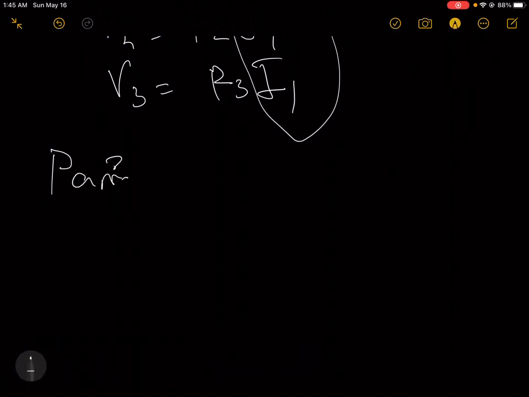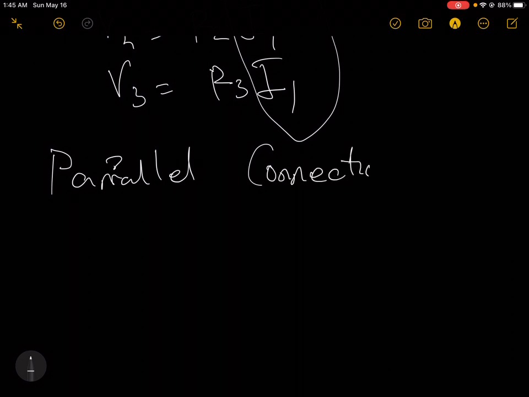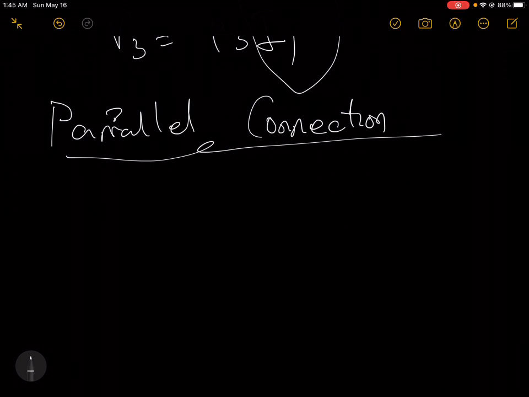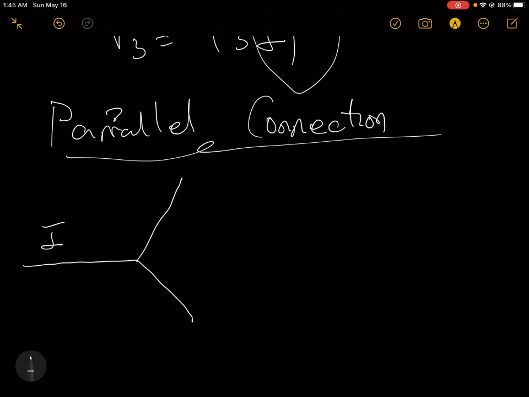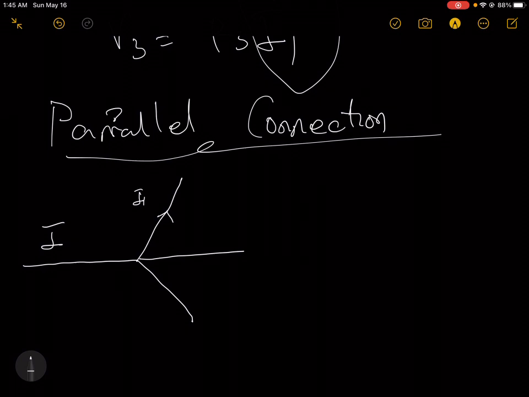How about parallel connection? Now, let me draw a parallel connection. So we have a current I coming through. This I divides into I1, I2, I3.